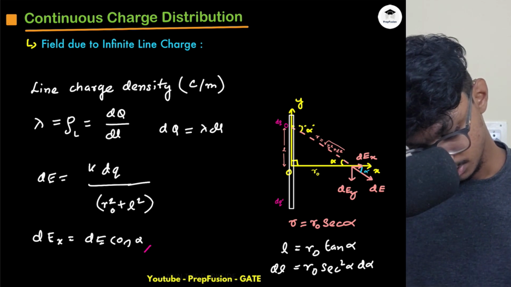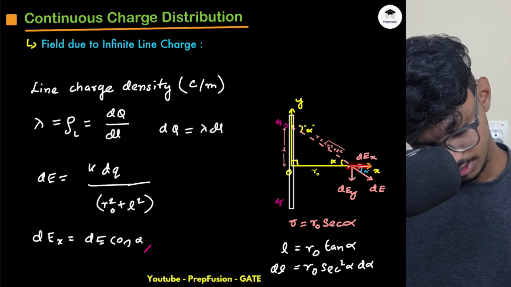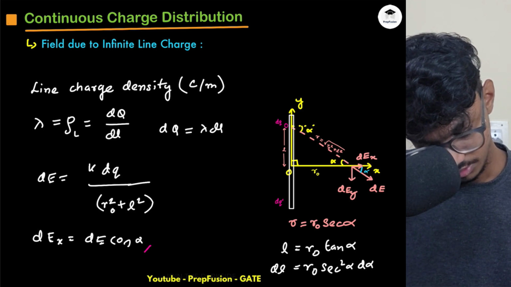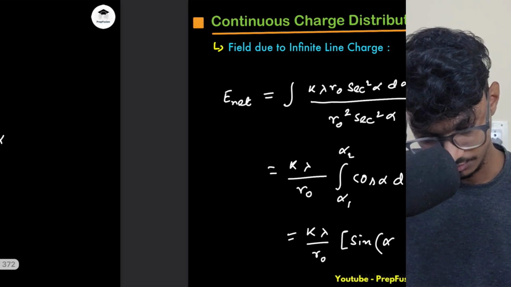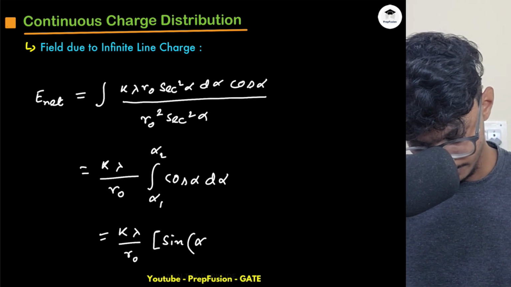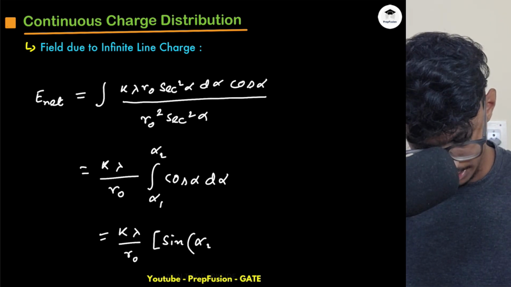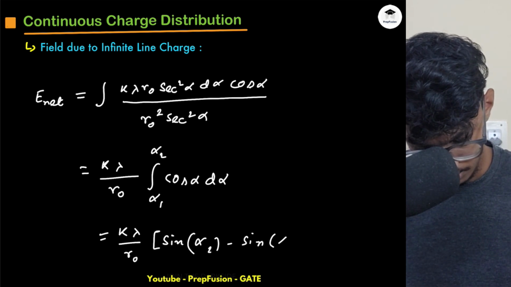I can go from this to this as well, and both of them should be the same, right? I just take care of the magnitude. It doesn't matter. Alpha is varying from alpha 1 to alpha 2. So this will be k lambda by R naught times sine of alpha 2 minus sine of alpha 1.